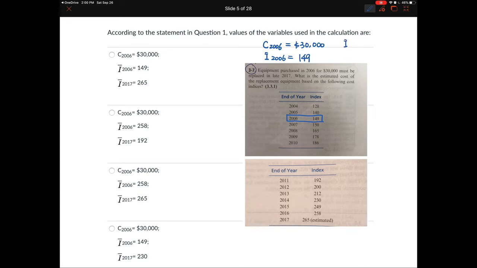And the I bar 2017 is 265. So those are the 3 variables you want to use. Go check these options, and this one is the correct answer.